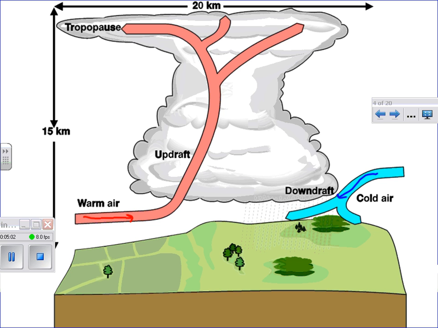The colder air is denser. And so when these two air masses meet, the warm air goes up. That's an updraft. The winds go straight up. The cold air goes down. That's a downdraft. And you end up with these very tall clouds.